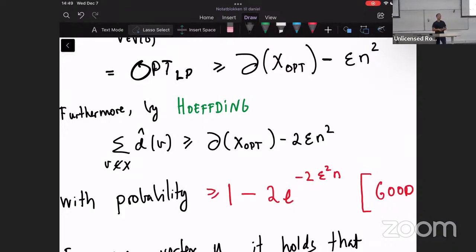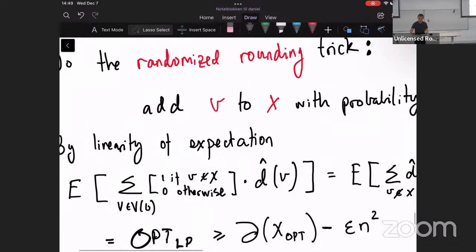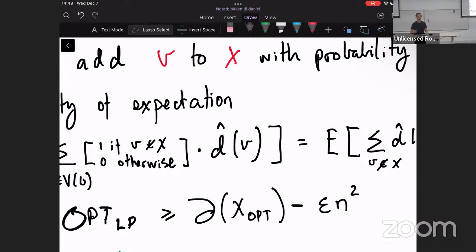They are independent, but not 0, 1 random variables: for every vertex that you put or not into S, if you don't put it in, you get d hat of V. So it's a 0 to d hat of V random variable, and d hat of V is between 0 and n.